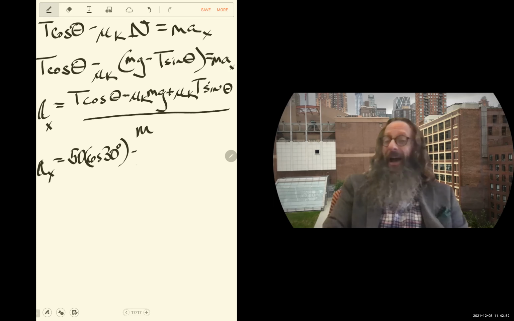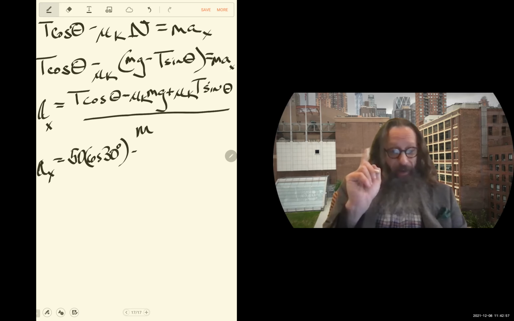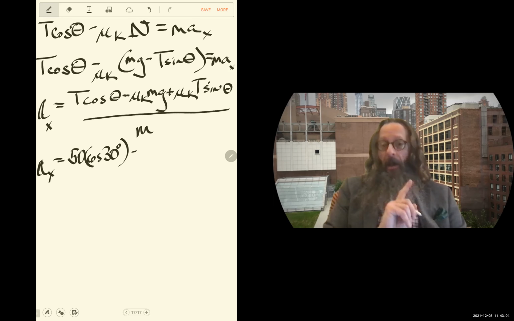And mu sub k, I believe, correct me if I'm wrong, here's an opportunity for points or whatever. I believe I said it was 0.4. I don't want to flip pages right now. Well, I kind of do, but if anybody can confirm or deny for me, I believe we made mu k 0.4.